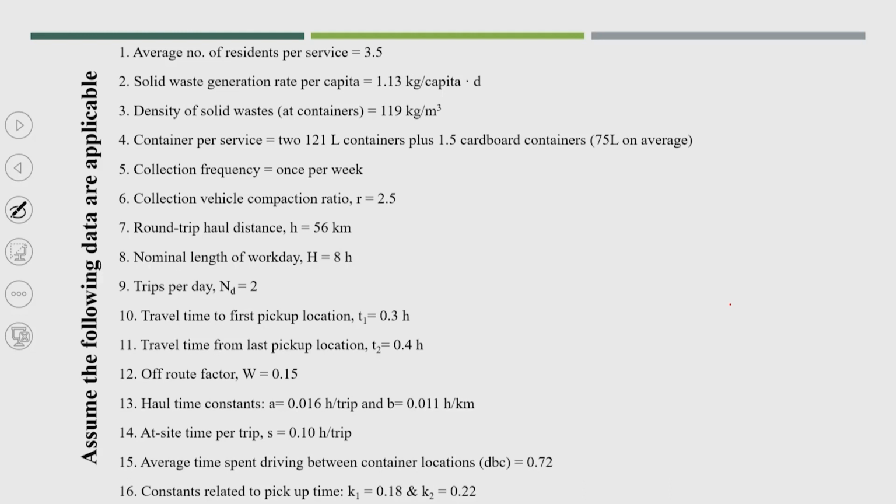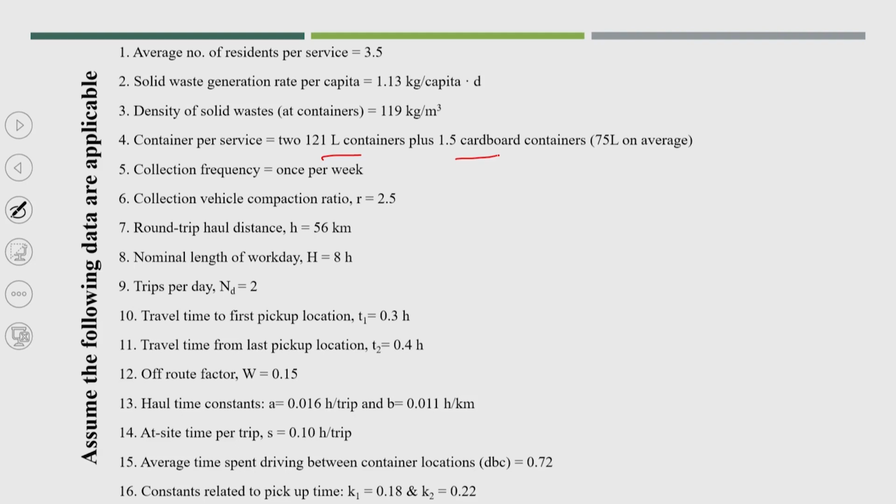Maybe this data is from Japan or some developing country. The density of solid waste is very low compared to Indian waste density, that is 119 kg per meter cube. Containers per service: there are two containers of 1 to 1 liter plus 1.5 cardboard containers, each of 75 liter on average, so it is having 3.5 containers.